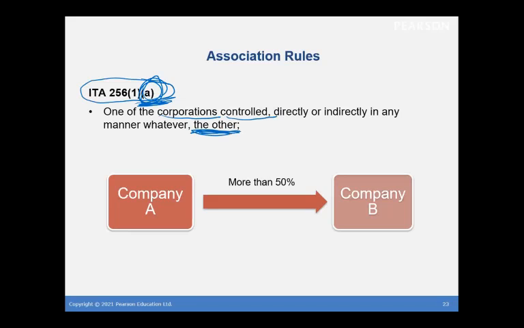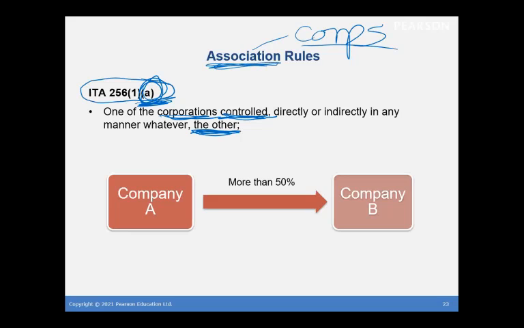That's the simple language. It has to be corps because association is only for corps. We talked about related, but here we're talking about association. We'll see in a moment how related can factor into that and how groups can factor into that. But the associated rules are only for corporations. The small business deduction is only for corporations. So that phrase, associated, is only for corps.